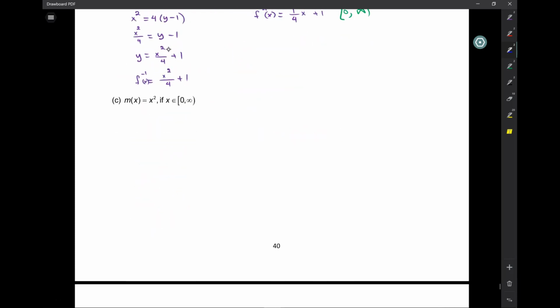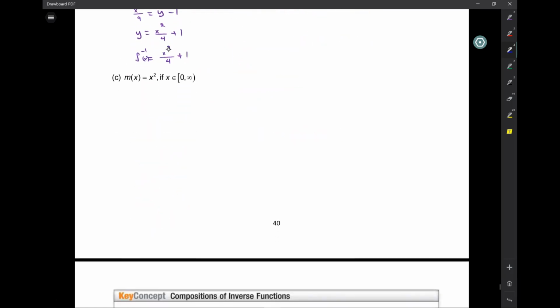So let's do this other one. Look at what this says. We have m of x is equal to x squared. So what is that? That's a parabola. But it's telling you x, that notation, that means x is a member of 0 to infinity.